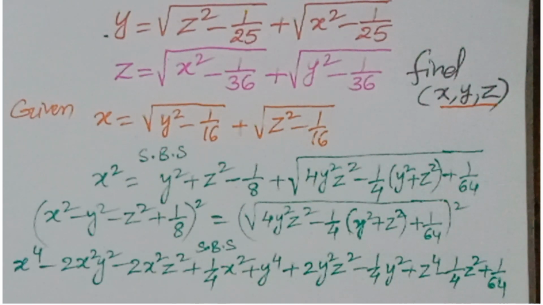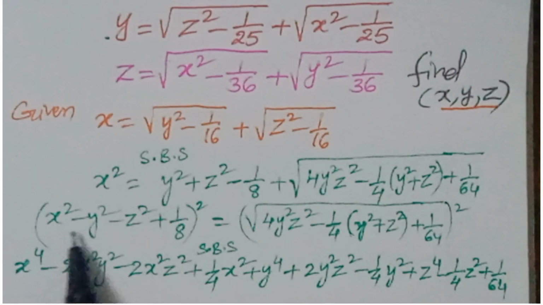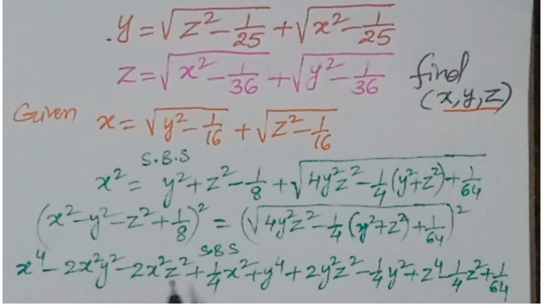So if you expand this a plus b plus c plus d whole square, we get this many terms.